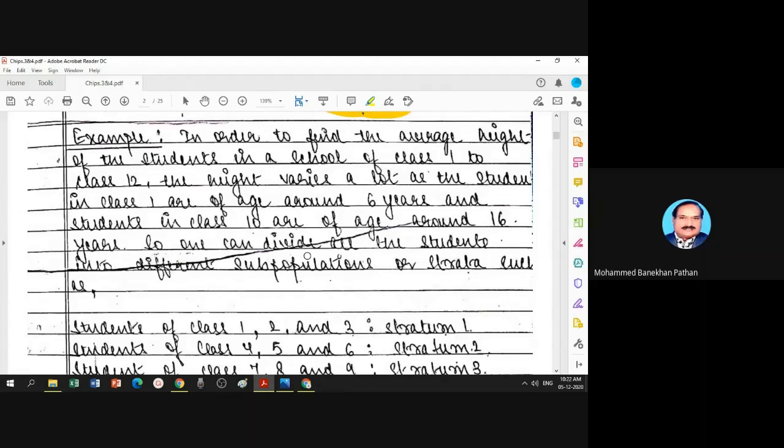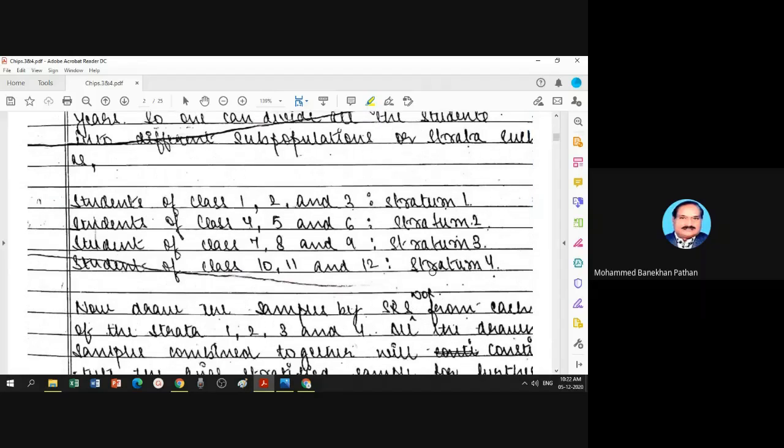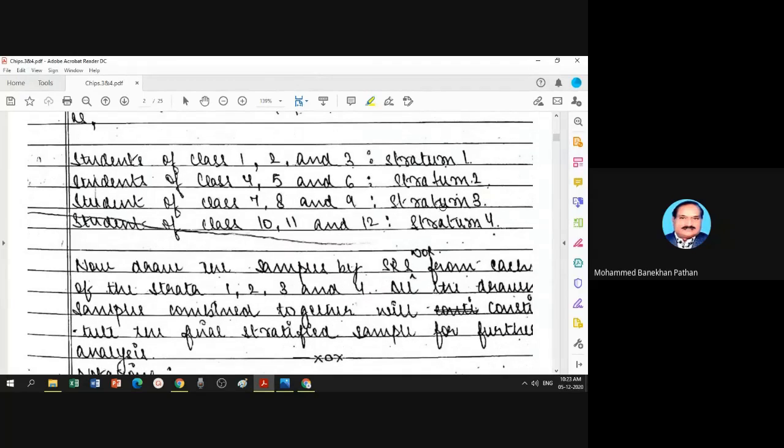So one can divide all the students into different subpopulations, or strata, such that I will call students of classes 1, 2 and 3 stratum 1, classes 4, 5, 6 stratum 2, classes 7, 8, 9 stratum 3, and students from classes 10, 11, 12 stratum 4. So we will have 4 subpopulations for this example.